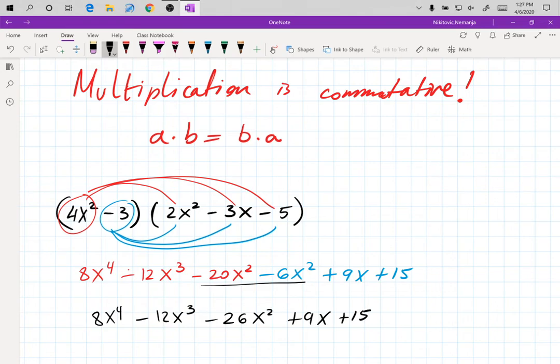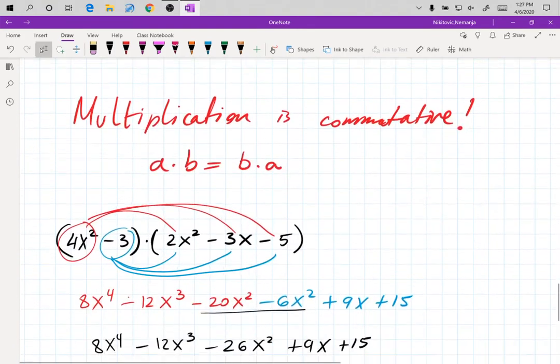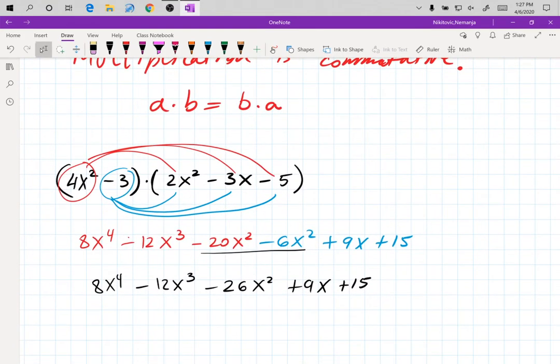which is the same answer as we had before, except this way I think is a little bit less messy. So you are allowed to swap the parentheses as long as you have multiplication in between, or addition. So you can swap them around, and then you can just use the distribution method that has less of these.